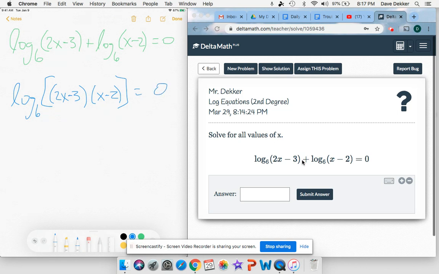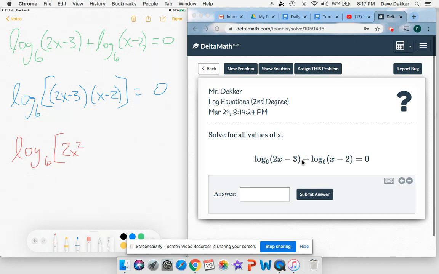I think your key tends to not show this right away, but certainly I can do this if it helps. I can actually go through and FOIL this together. So what is 2x minus 3 times x minus 2? You can show as much work as you want, but I would get 2x squared from the F part of FOIL.